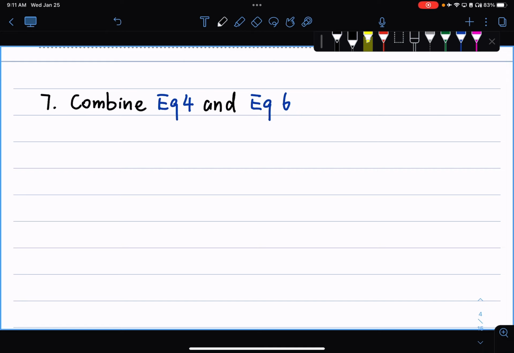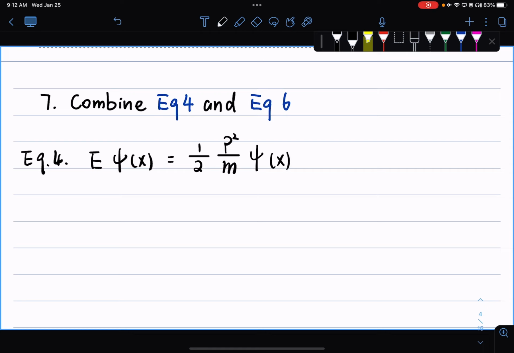Now we're combining equation 4 and equation 6. I'm going to write it down for your reference. Equation 4 gives you energy times wave function equals 1/2 p squared over m times wave function plus potential energy times wave function.